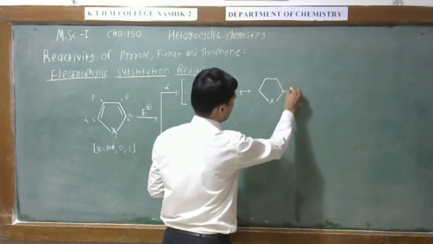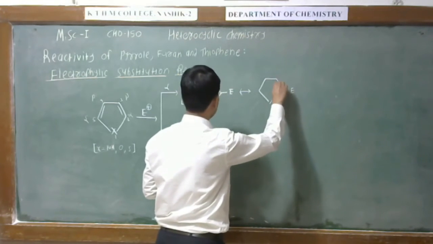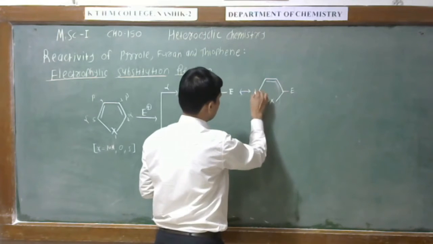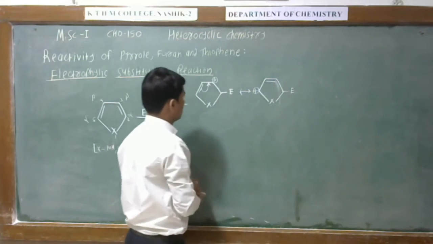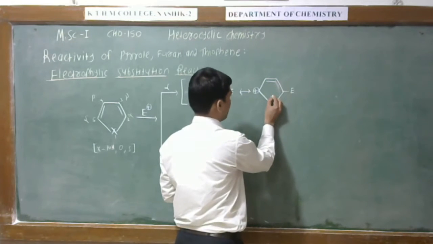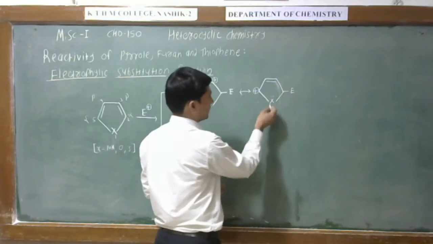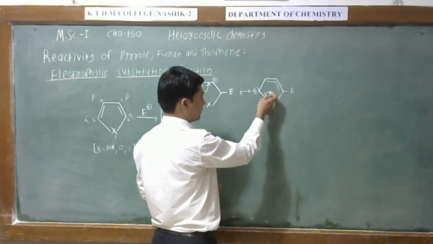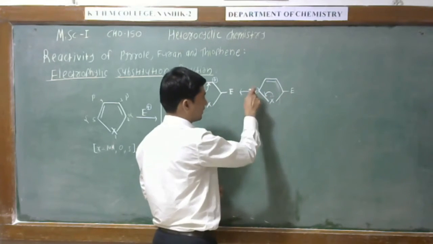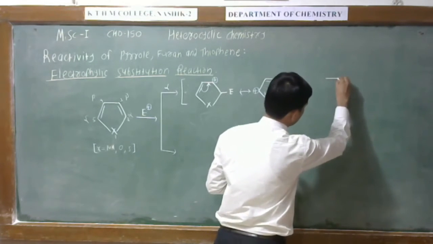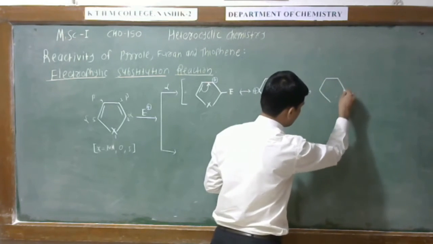See, this is the electrophile attached here, this is a double bond now, this is a double bond now, and this is the positive charge here. Now, this positive charge can be neutralized by the lone pair of the heteroatom. The lone pair of the heteroatom comes here and makes a double bond, the positive charge gets neutralized, and we get a new resonance structure like this.